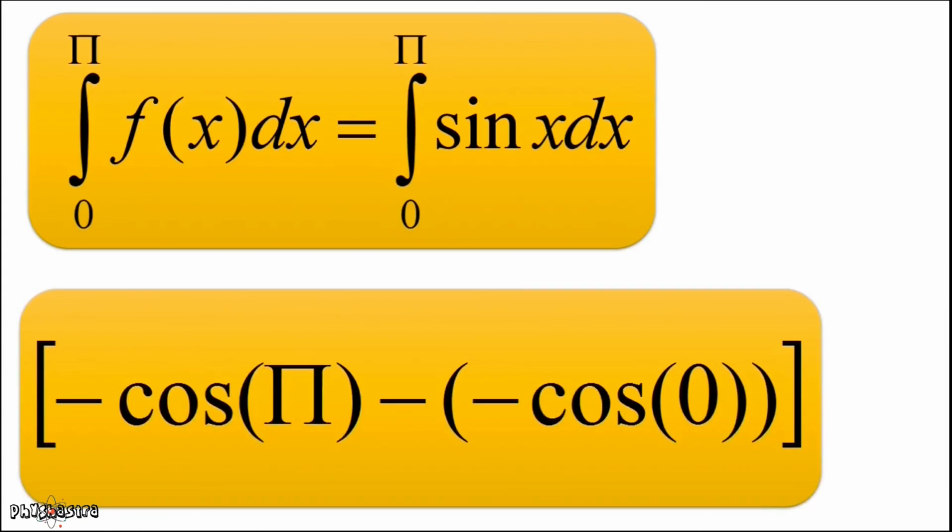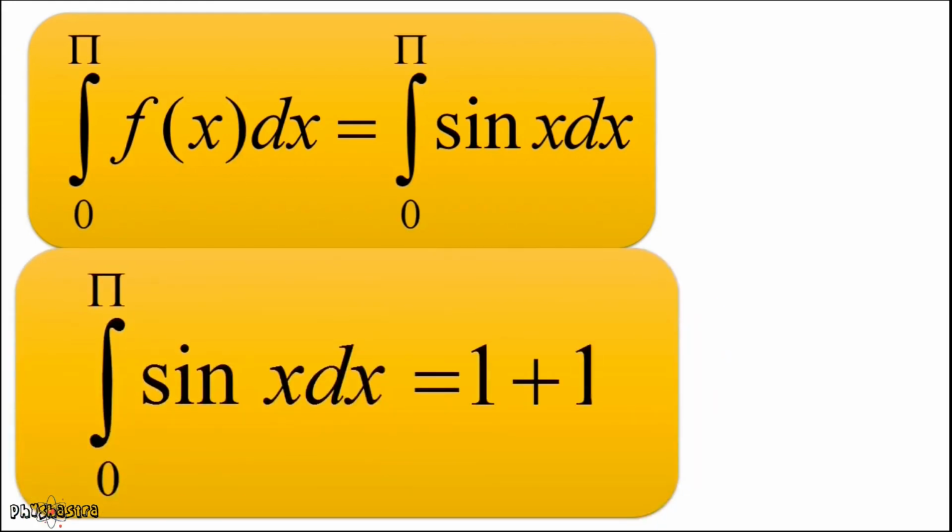Seems easy, right? So we get negative of cos of 180 degrees minus, into the bracket, negative of cos of 0. We should know that cos of 180 degrees is negative 1. So we finally get plus 1 plus 1. And the area of sin x within the limits of 0 to 180 degrees is 2 units.